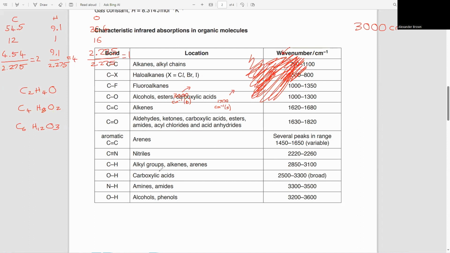Only one of these is broad, so the bond we must be looking at with this 3,000 centimeters to the -1 must be an OH bond in a carboxylic acid. That tells us that our compound must have a carboxylic acid functional group.